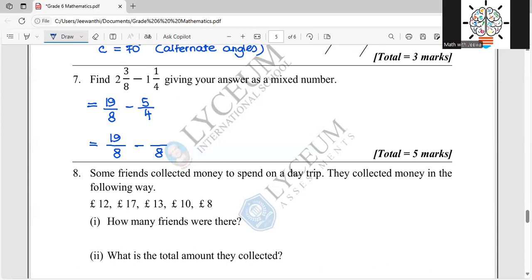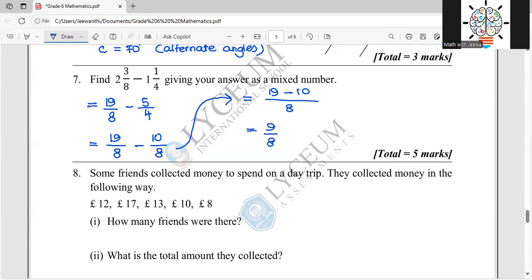But 4, I converted into 8. When I convert 4 into 8, I multiplied 4 by 2. So I want to do the same thing to the numerator, that is 5 times 2, 10. Then I bring the answer to this side. Now I have the denominator 8 and 19 minus 10. The answer is 9 over 8.